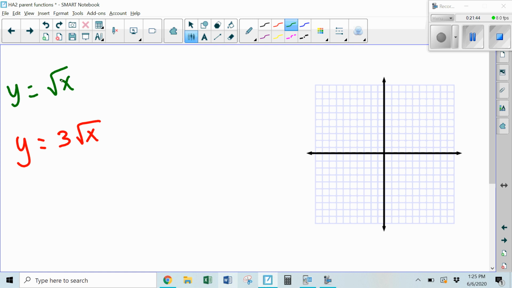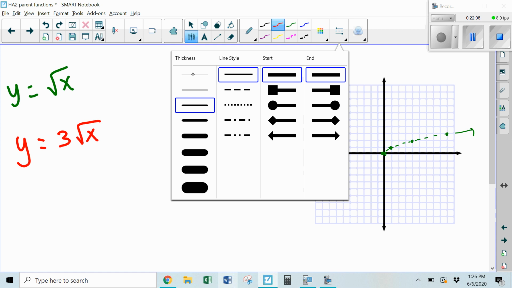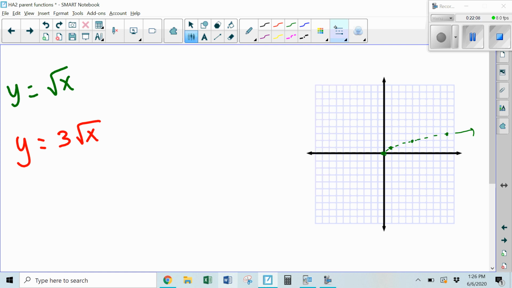Go ahead and plot the parent function. Okay, now, what is this 3 doing? That is a vertical stretch by a factor of 3.